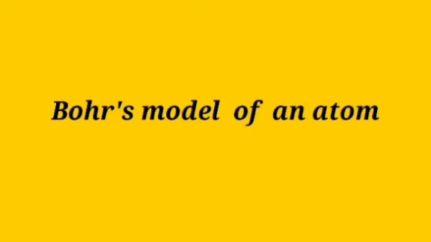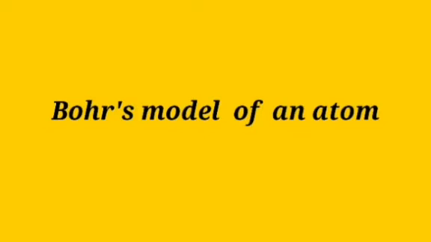After that came Bohr's model of an atom, which explained the causes of the stability of the atom in a different manner. First, he explained that in atoms, the electrons revolve around the nucleus in stationary circular paths called orbits or shells or energy levels.